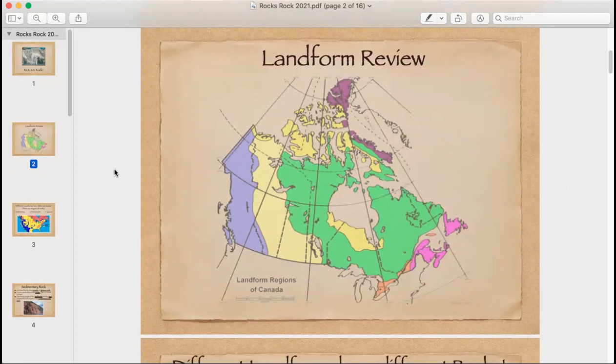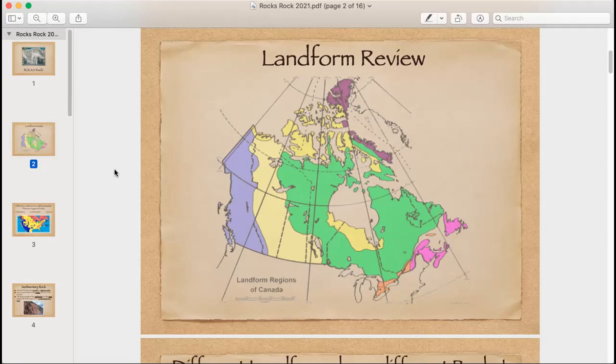This first half deals more with natural processes, climate, the rock cycle, plate tectonics, glaciers, erosion, how the landscape is shaped and formed. And then in the second half of the unit, we're going to focus on, all right, what does this mean for us in Canada if we look at Canada's incredibly diverse landform regions?